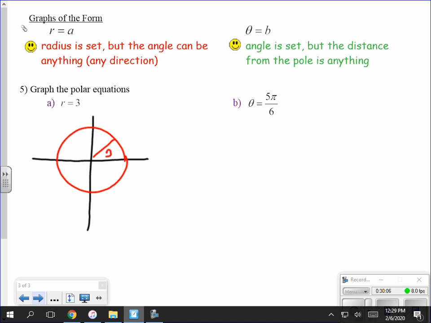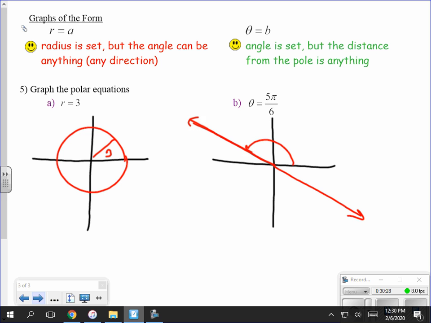Second one, if the angle is set, in this case 5 pi over 6, which is all the way around over here, this is anything going on that angle in the positive direction. That's it going in the negative direction.